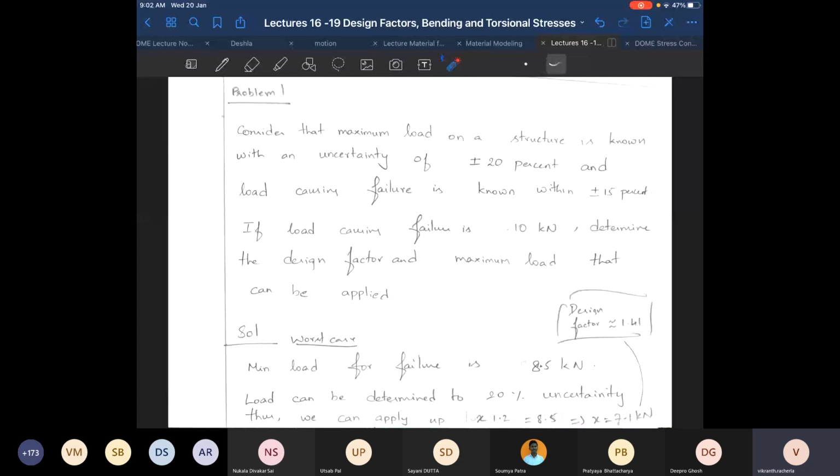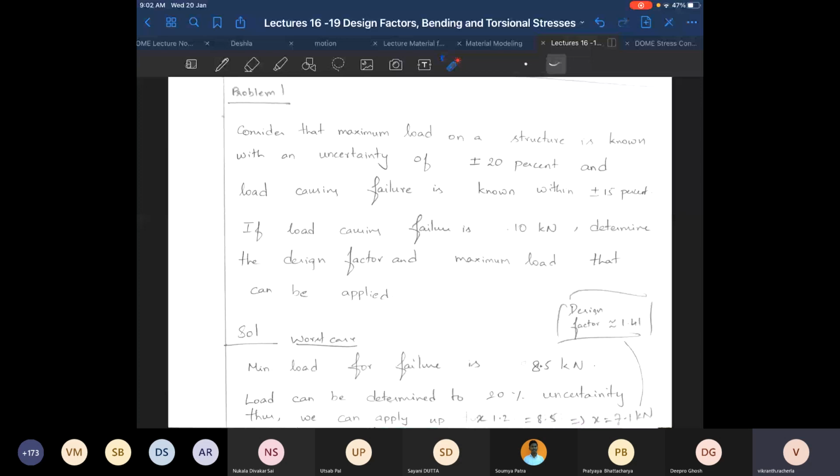Let us say that you have a structure, and the maximum load which is acting on the structure is known to within an uncertainty of 20%. What does it mean?